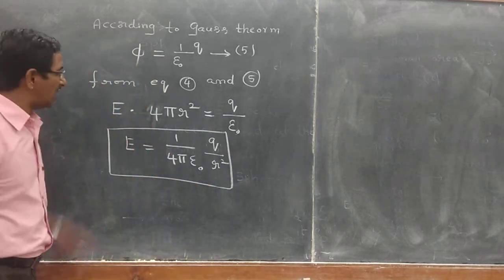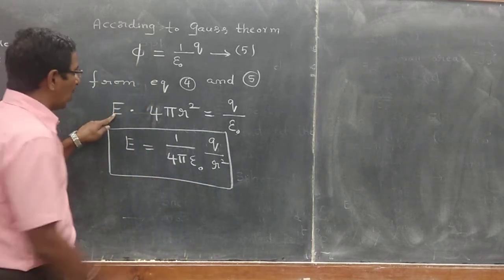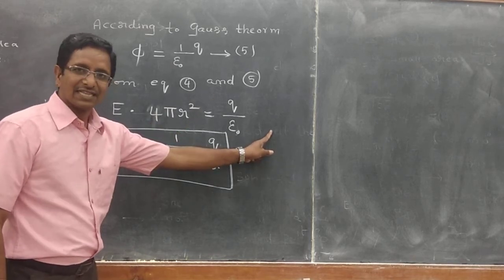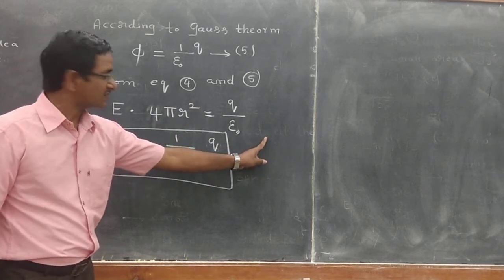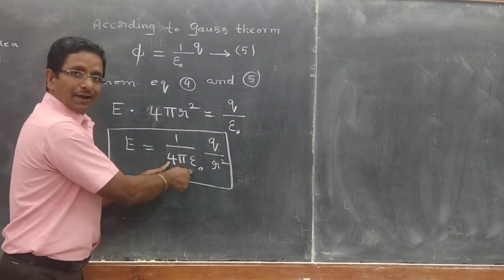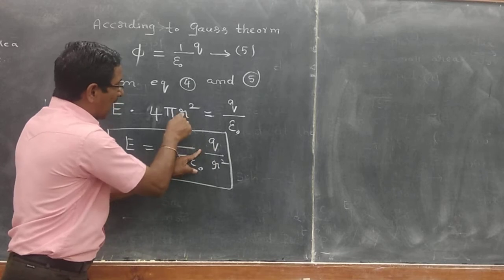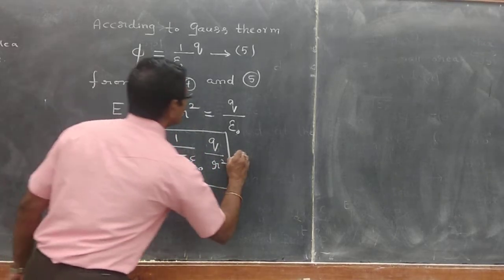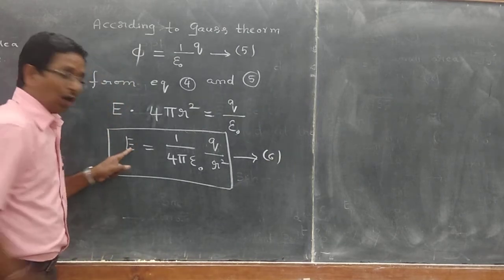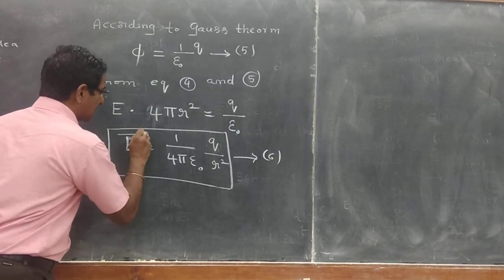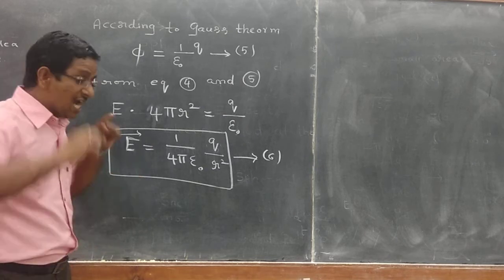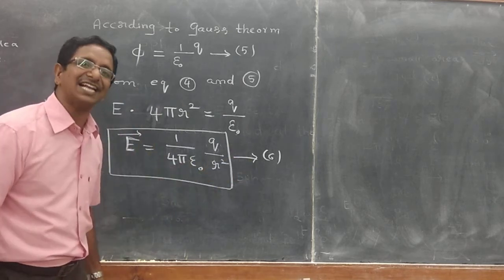Observe carefully. I bring this towards the right side, that means up to the denominator. Therefore, 1 by 4 pi epsilon naught into q by r square. This is equation number 6. So, this is the electric field E at a point P outside the spherical shell.